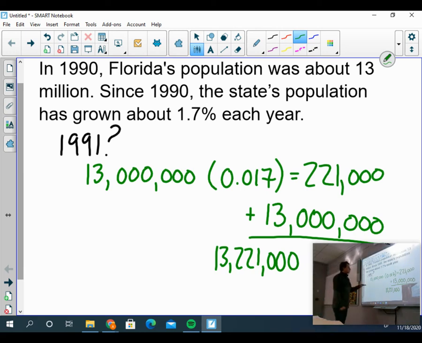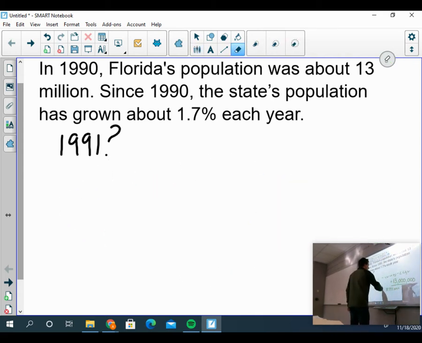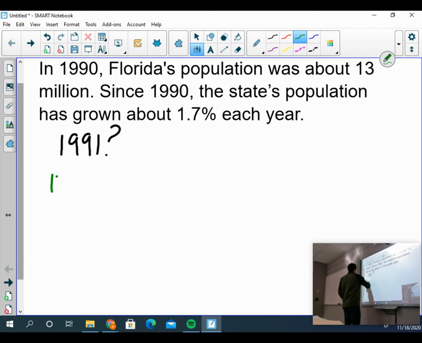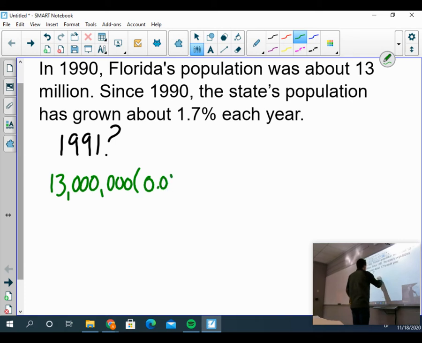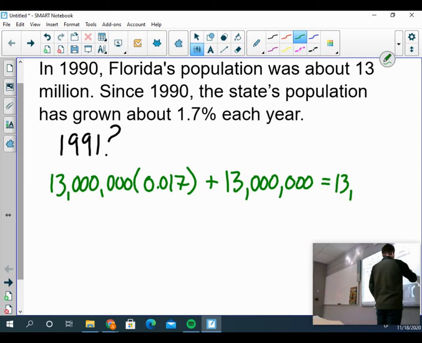Essentially, it boils down to this: if I were to rewrite what you did, you took your original value, multiplied it by the percentage, and added it to the original value. And that's how we got our answer.